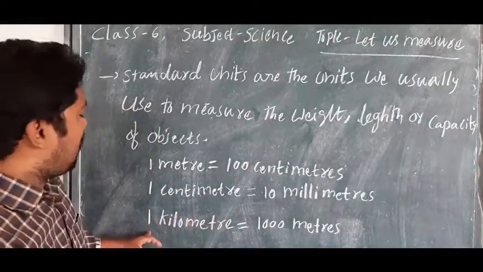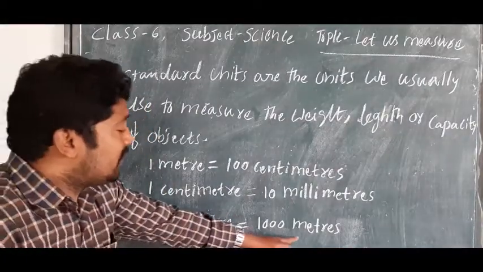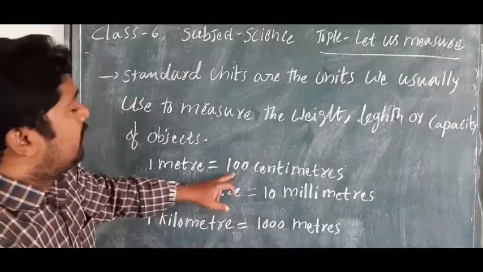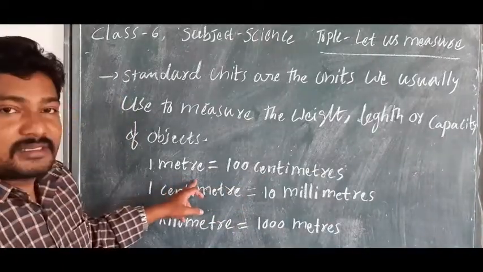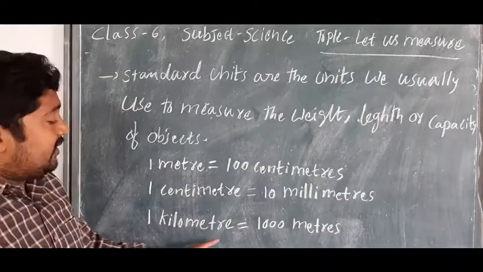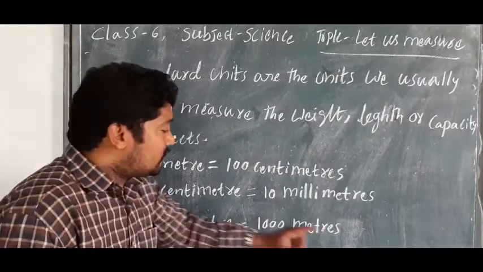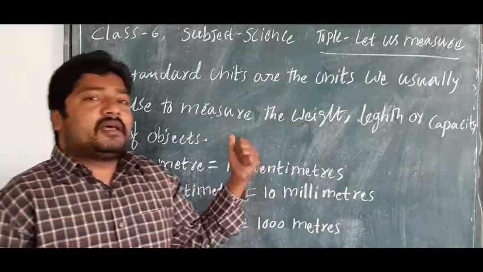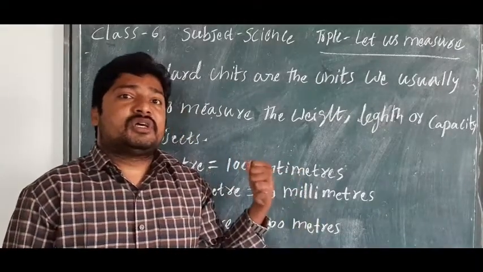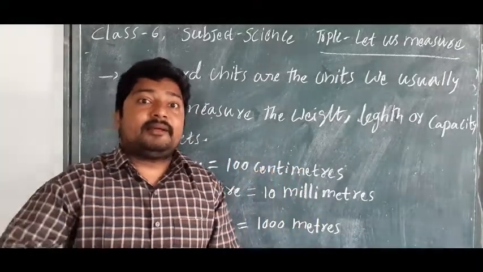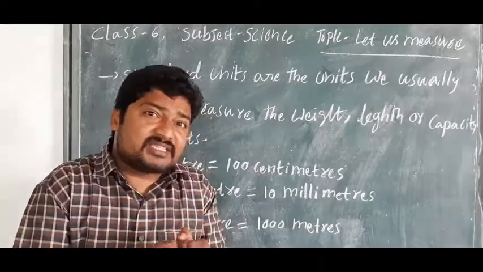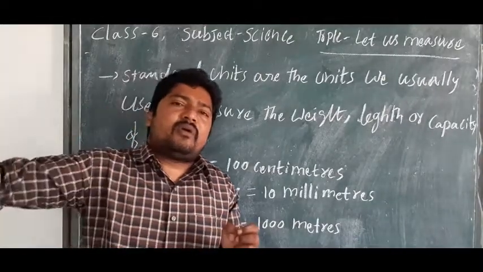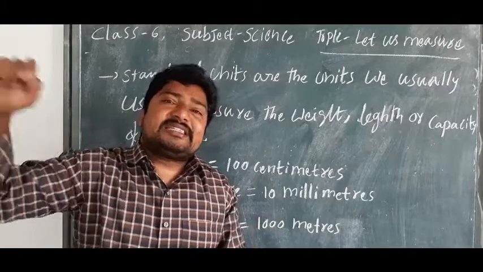And children, 1 kilometer is equal to 1000 meters. Understand? These are the measurements we apply to tiny things as well as long distances.